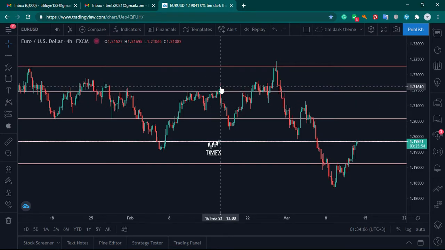Another false breakout happened here. An aggressive trader is going to lose a trade here too. He's going to lose an entry here rather. Some traders will say since it's above the resistance, it's likely to go up, so they'll put a buy stop there and they will lose their money.